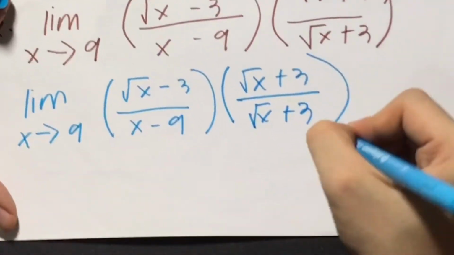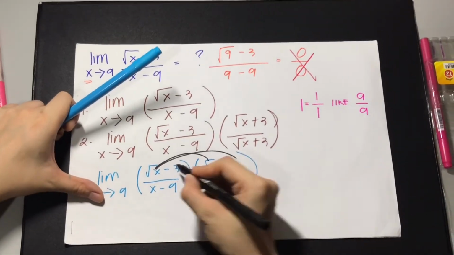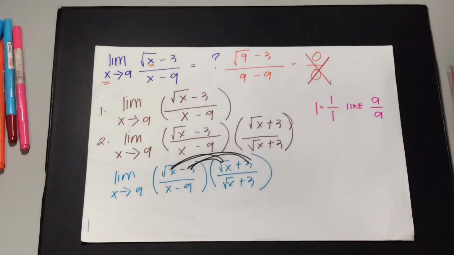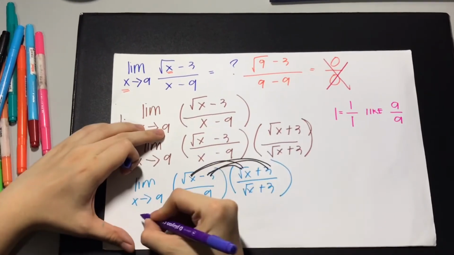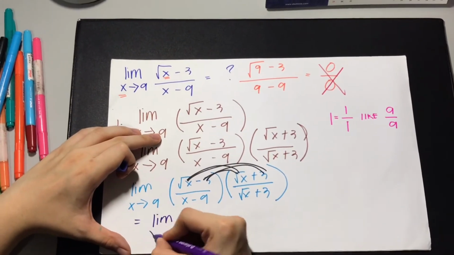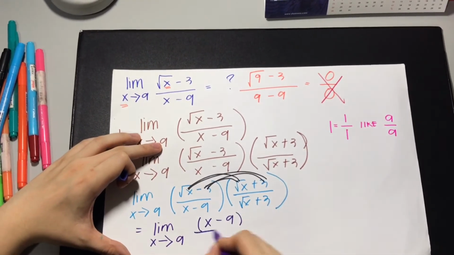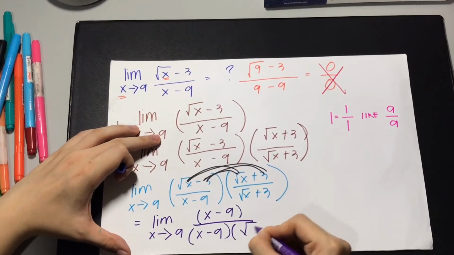As you can see, I just copy everything, and right now you're going to multiply the top four terms right here, and then copy the rest. So it will become square root of x times square root of x, which is x, and square root of x times 3 minus 3 times square root of x cancel, leaving negative 9, and then just copy the remaining items for the denominator.